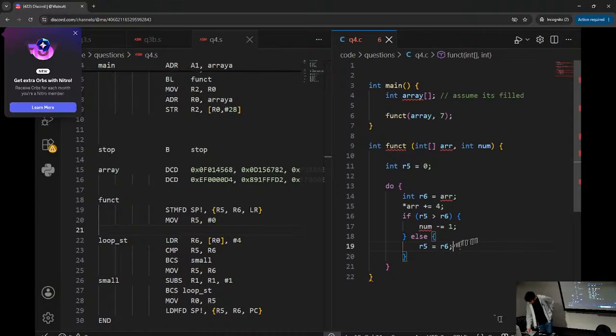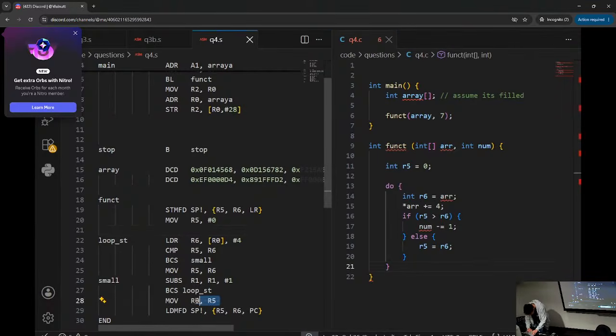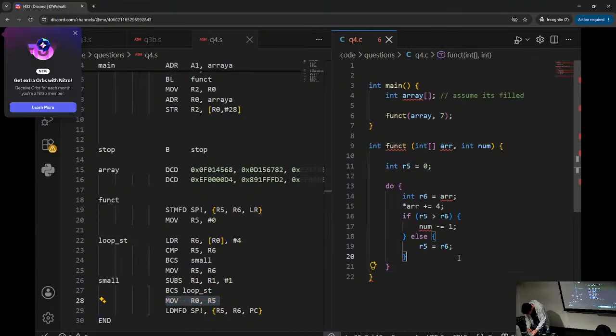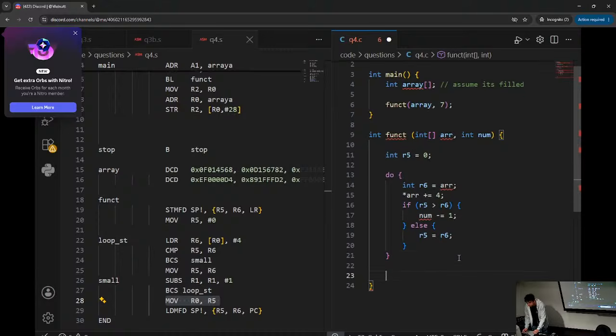Now, what happens here is, after the loop exits, we actually move R5 to R0. So what does R0 mean in APCS?